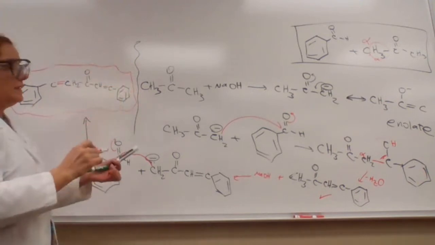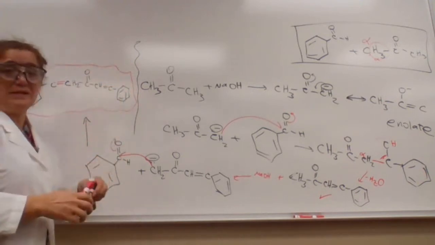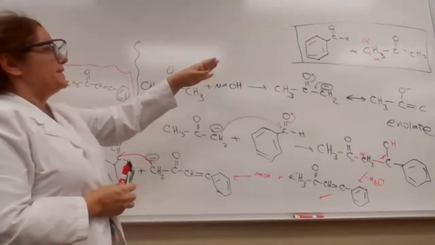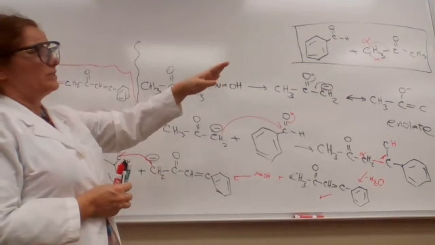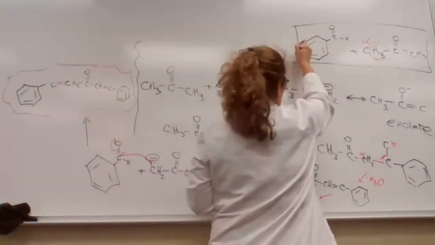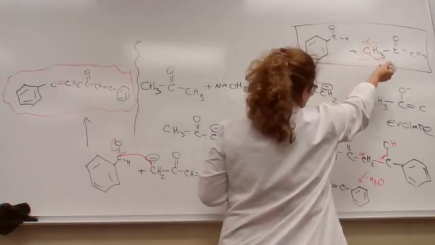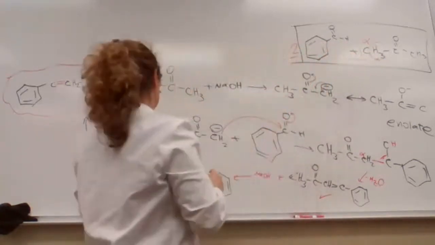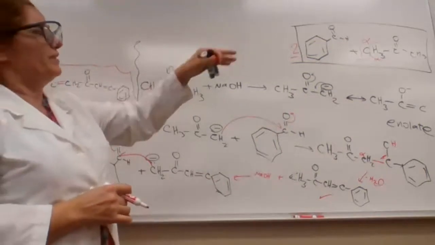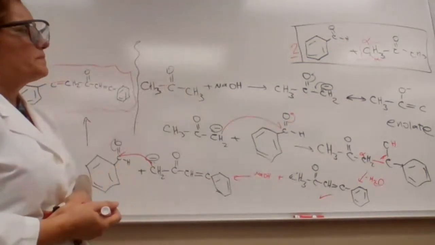We use the mole ratio properly. So our mole ratio is 2 moles of benzaldehyde to 1 mole of acetone required, based on the chemical equation. So for the final product, you need 2 moles of benzaldehyde for every mole of acetone.